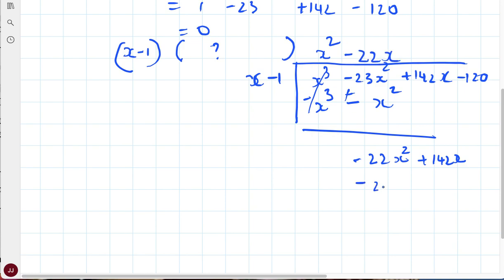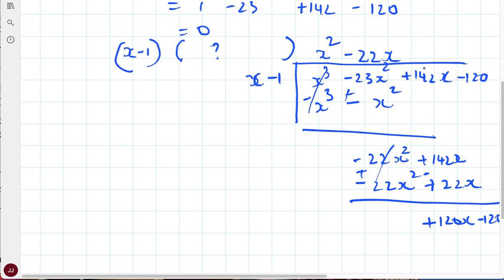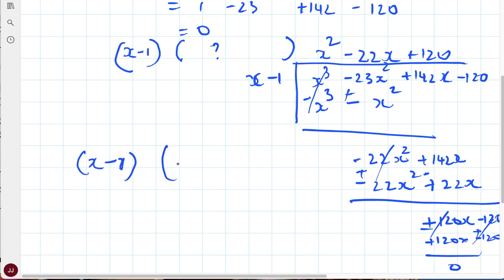So we get minus 22x square plus 22x. So cancel. We have 120x minus 120. So this becomes plus 120x minus 120. So subtracting it, both will get cancelled. So this is the quotient, and that is the second part: x square minus 22x plus 120.